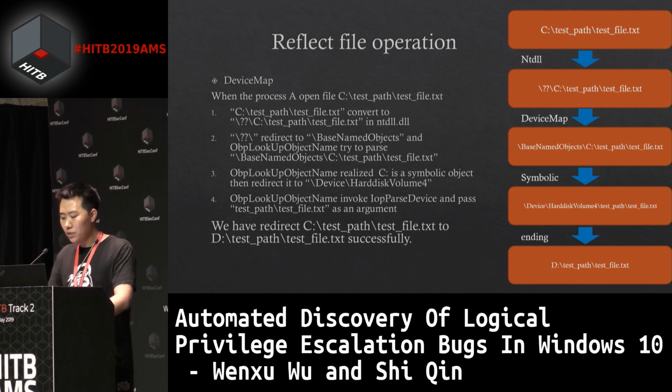Then OBP lookup object name invokes ALP pass device and passes test path test file as an argument with the hard disk volume 4 device. Now we have redirected C test path test file to D test path test file successfully.